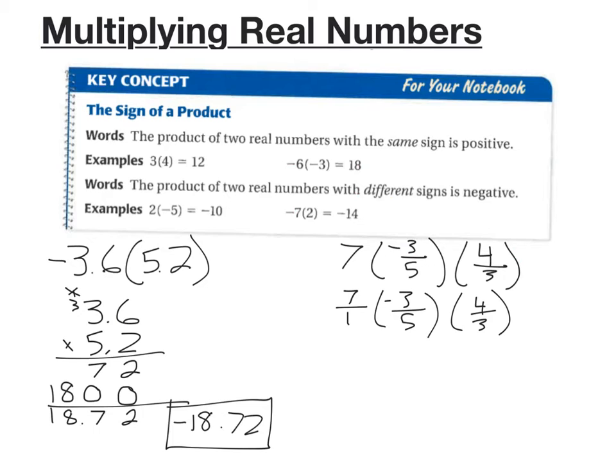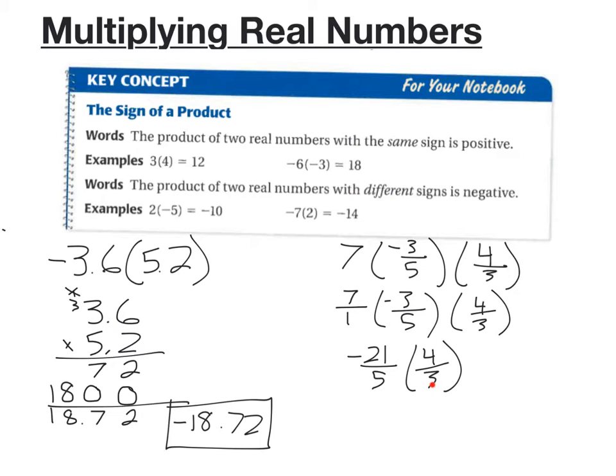So 7 times negative 3 is negative 21. 1 times 5 is 5. Remember, with multiplication with fractions, we just multiply straight across. 7 times negative 3, 1 times 5. And then I need to multiply negative 21/5 by 4/3. Now here is an example of a time when I can do what we call cross-canceling.